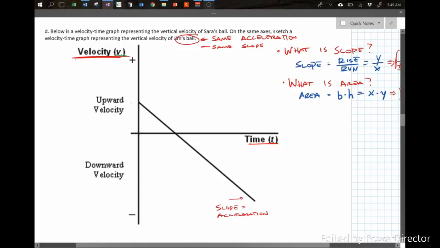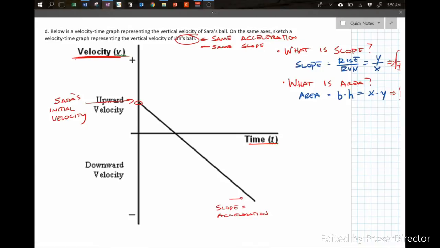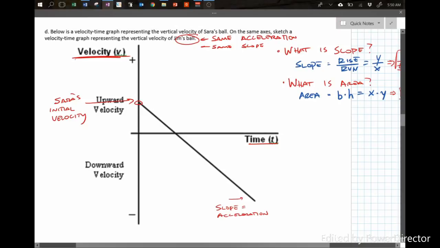Now, the next thing that we need to look at, the area is not going to help us out so much here, but this represents Sarah's initial velocity. I know that Jim has the same slope, so it's going to be a parallel line, but Jim starts off with a greater initial velocity than Sarah does.